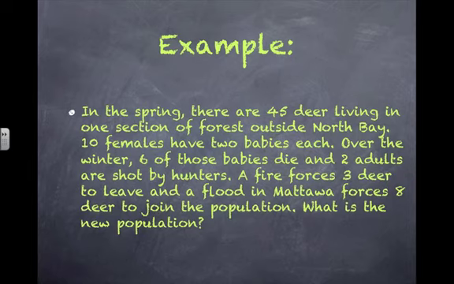So basically, you have a whole bunch of reasons why the deer would leave. You have death, you have forest fire, you have flood, and hunters. You also have some reasons why the deer population would go up. There's babies being born. I don't see any immigration though.